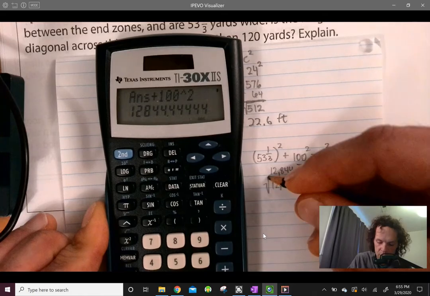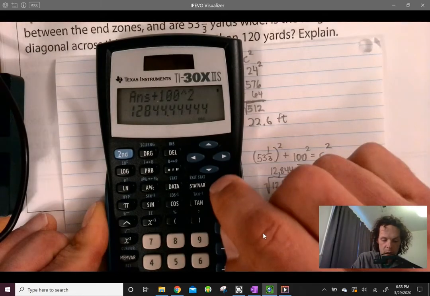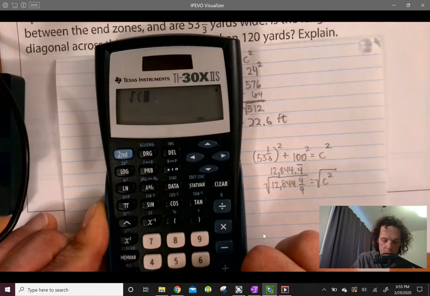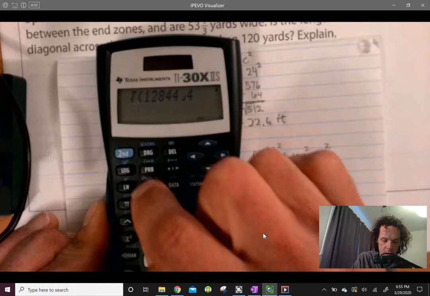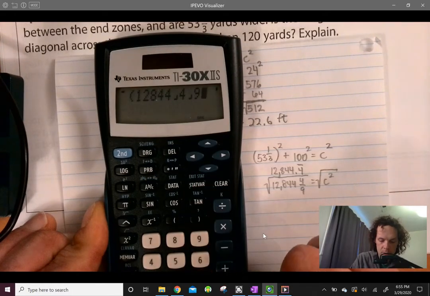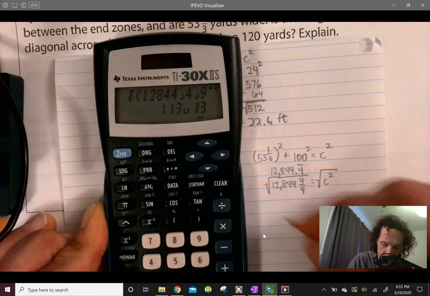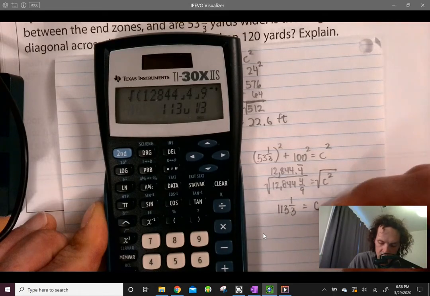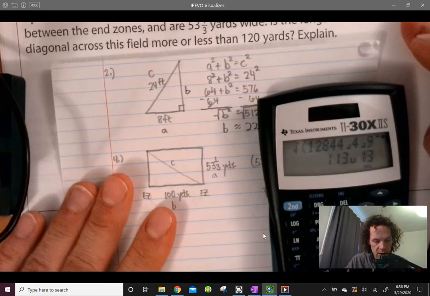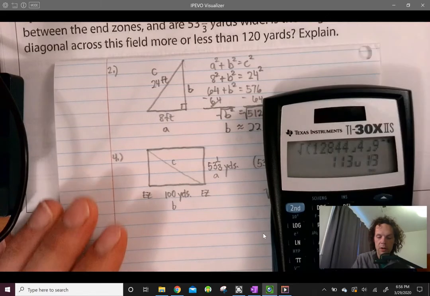So we're trying to find the square root of that value. So we're going to do the square root of 12,844 4/9. That's 113 1/3. 113 1/3 is equal to C. And the question says, is the diagonal across the field more or less than 120 yards?